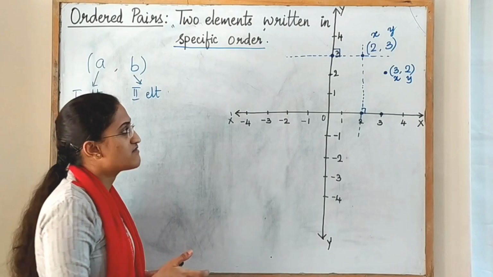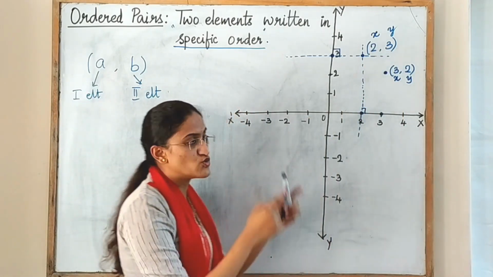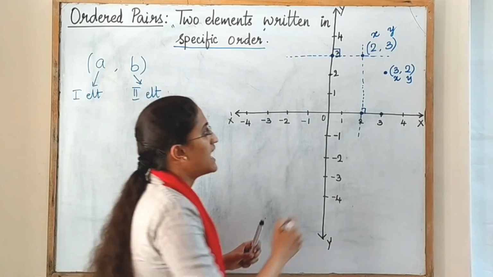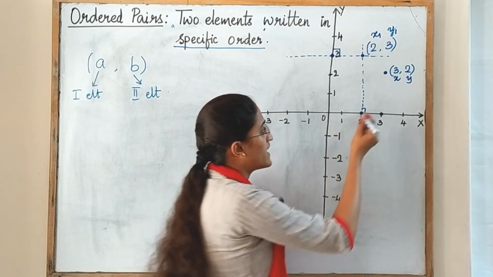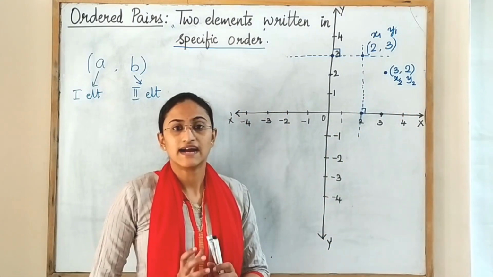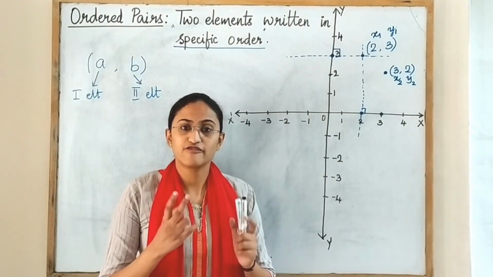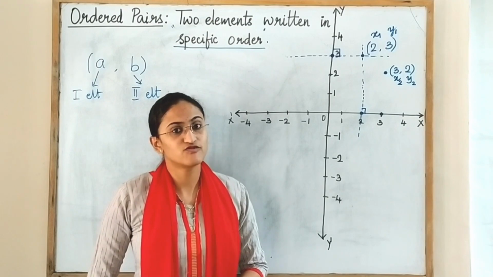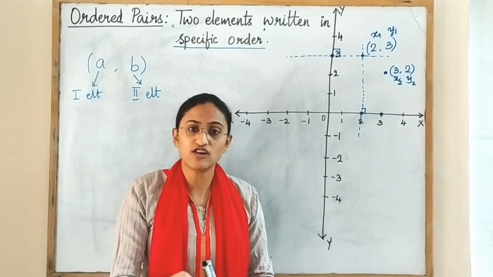You can clearly observe that the points (2, 3) and (3, 2) are in different positions, and hence you can say this is (x1, y1), a different point, and this is (x2, y2), a very different point again. And hence you can observe that for any ordered pair, if you reverse the elements of the ordered pair, then you get a different ordered pair.